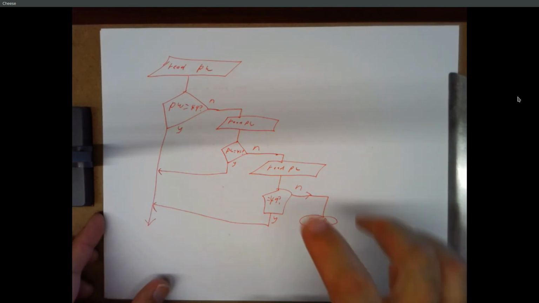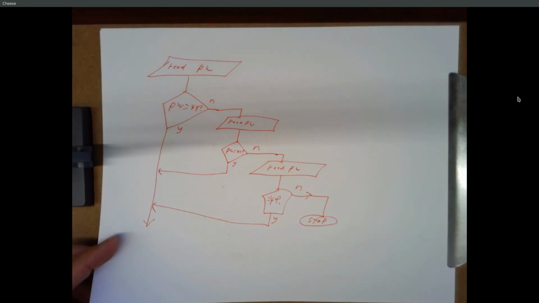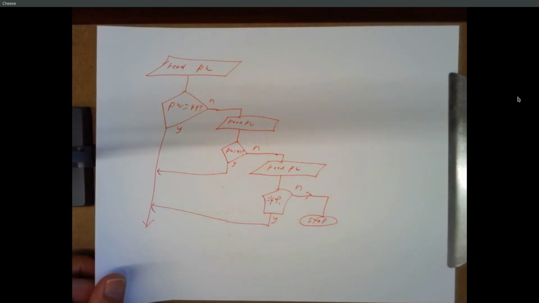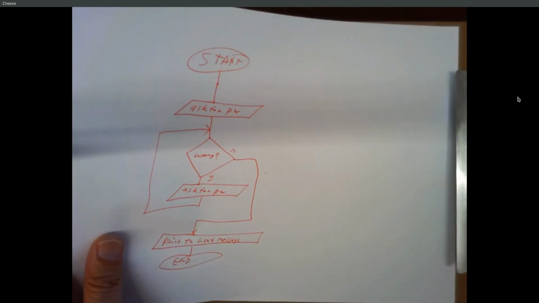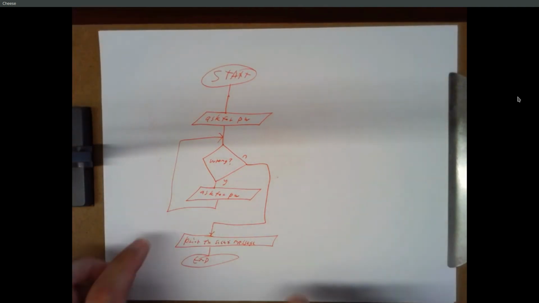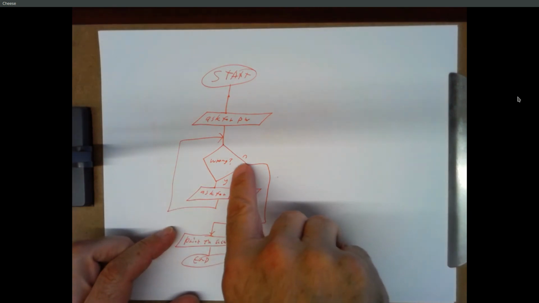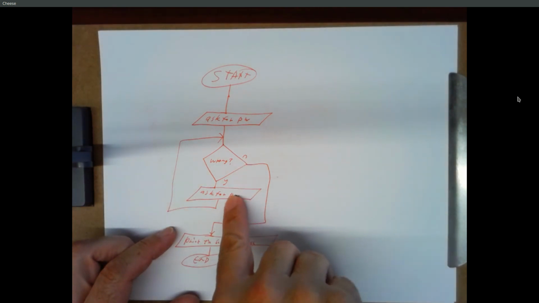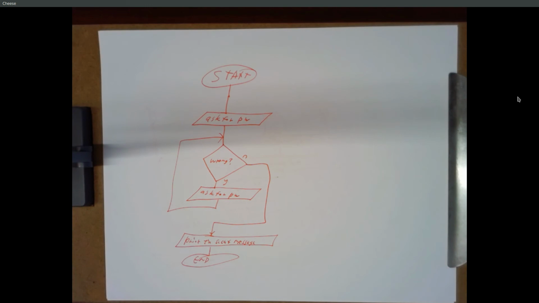So we could combine this idea with a while loop, right? We've already got a while loop which runs forever. So we've got ask for the password. If the password's wrong, then ask for the password again, go up to the top again.